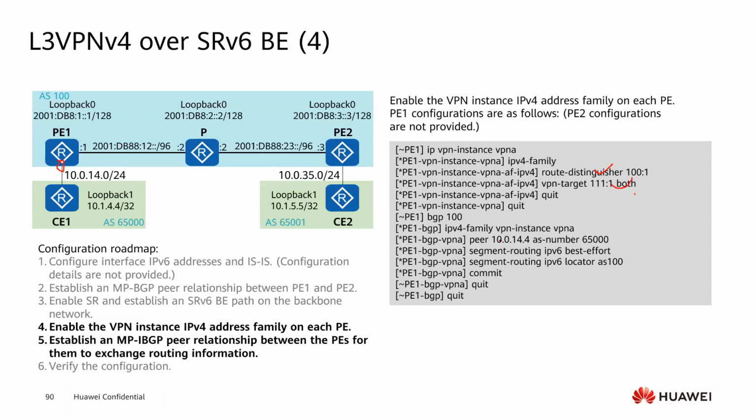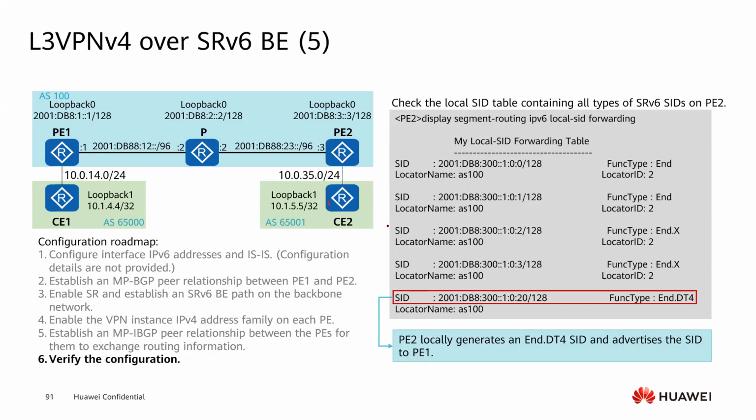Then using segment routing best effort, use BE to do it. Because this is another peer, establish the BGP peer with it. And the segment routing locator will be AS100, and it will be okay. And P2 does the same configuration. Then you can do the ping.